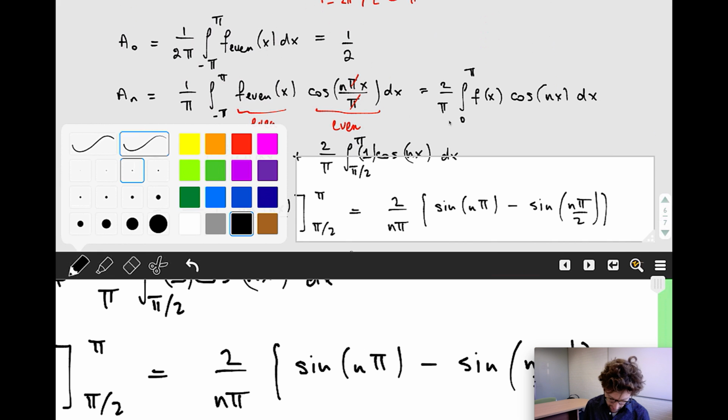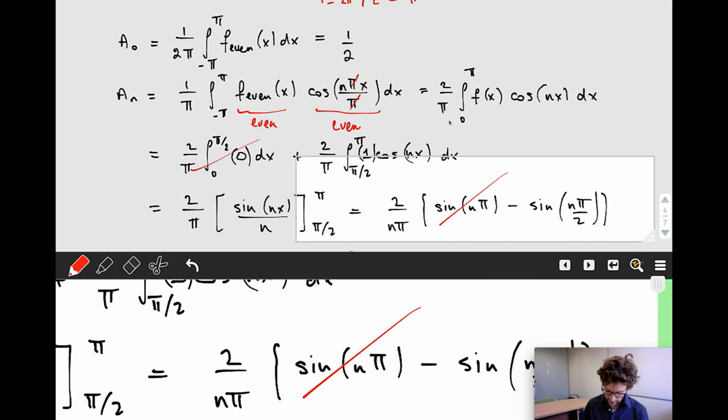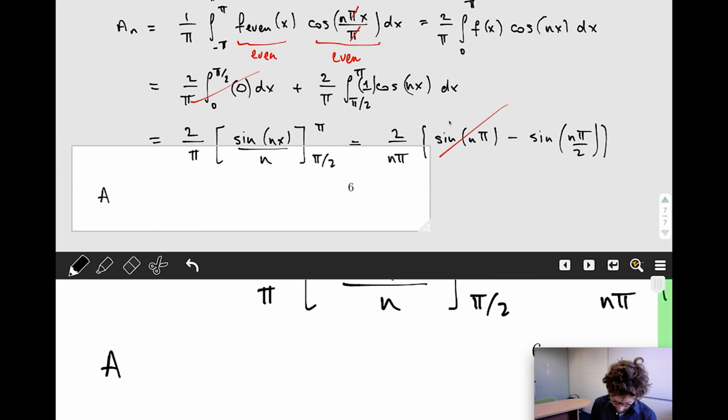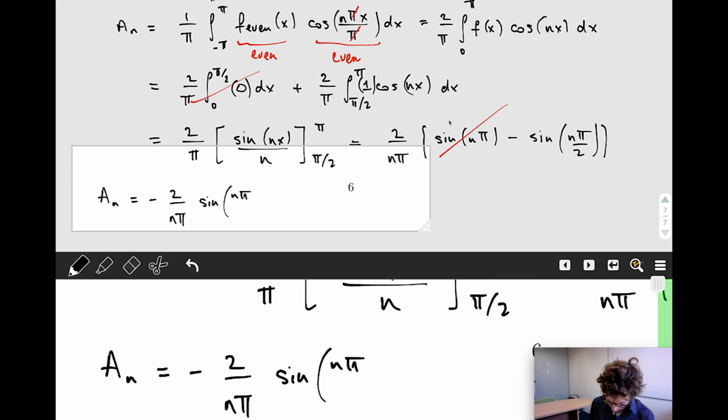And we know that the sine of n pi is 0, so we're left with a_n is equal to minus 2 over n pi sine n pi over 2.